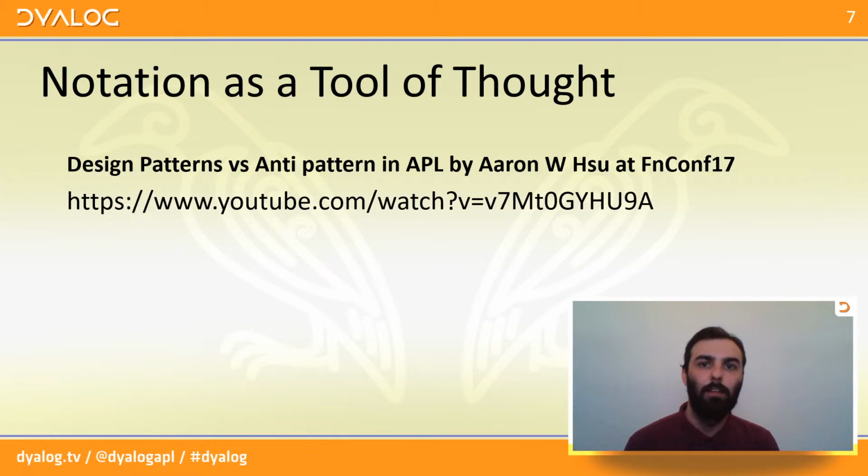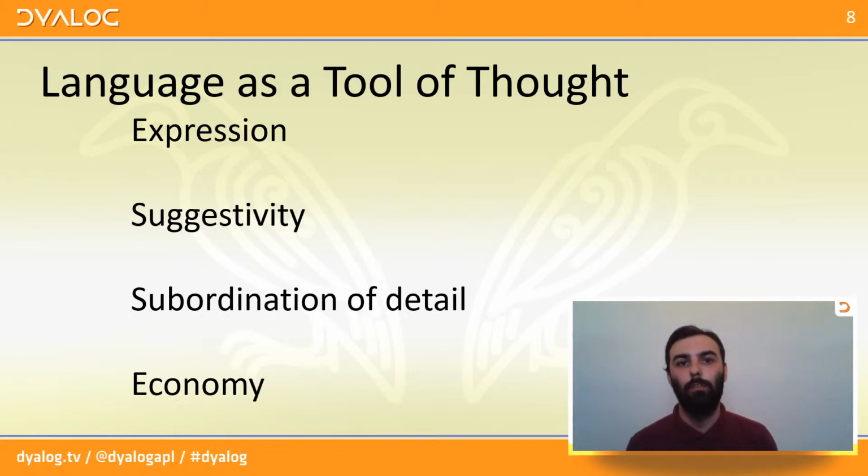If we expand our topic from notation as a tool of thought to language as a tool of thought, then we can get some broader things, which will obviously apply to the notation, but might also be interesting to think about just in more general terms of problem solving, even if it's outside of a specific notation. And this is things like expression.